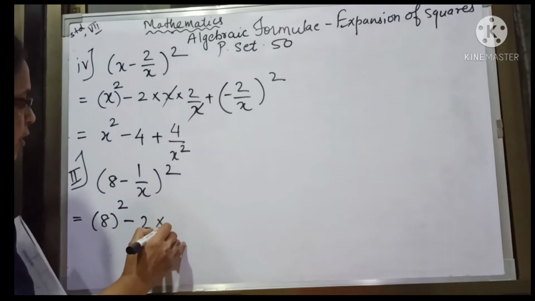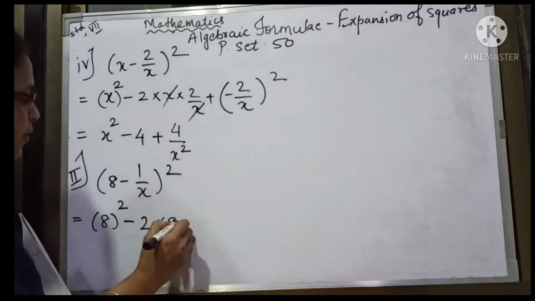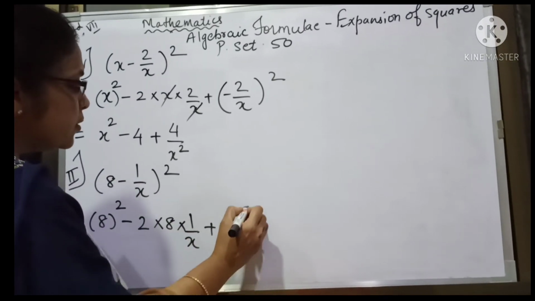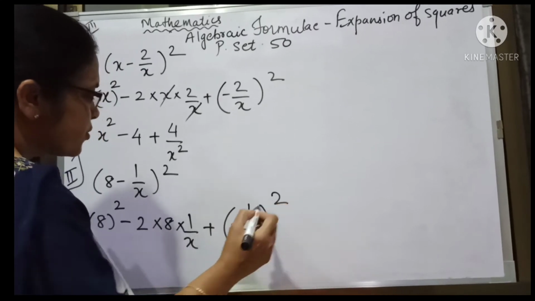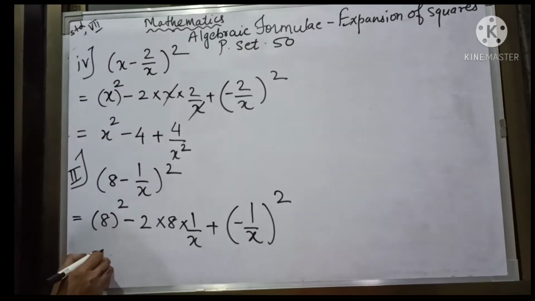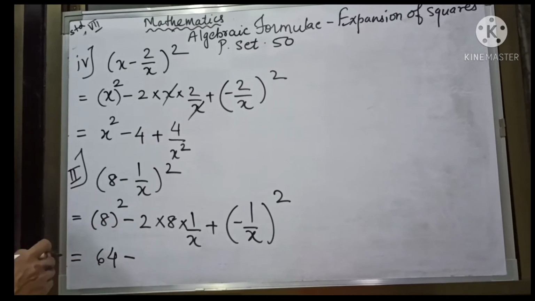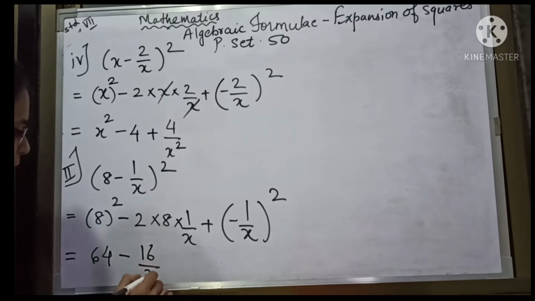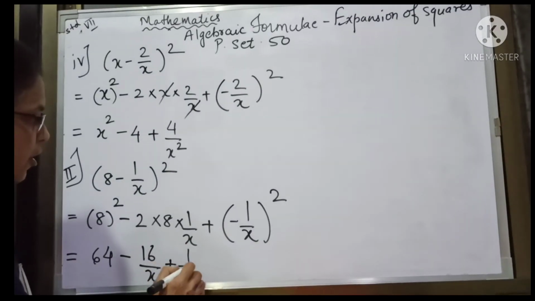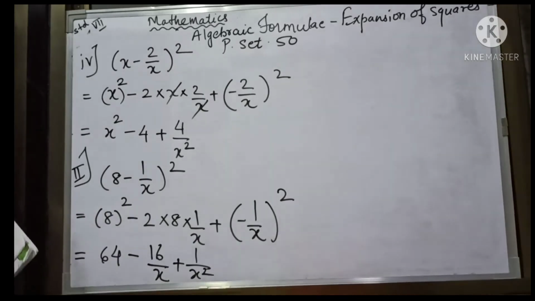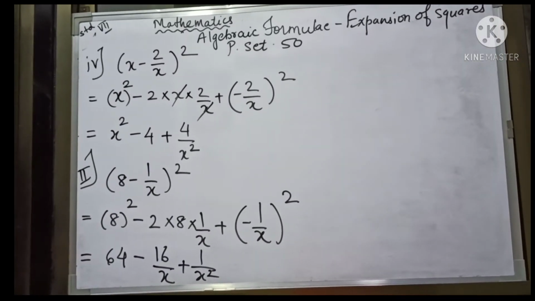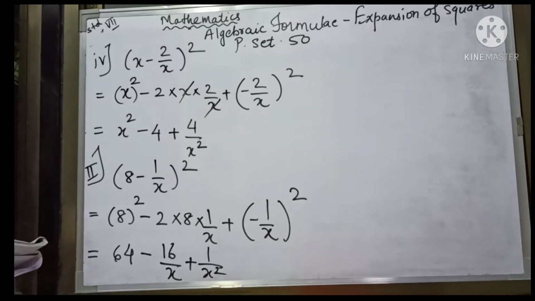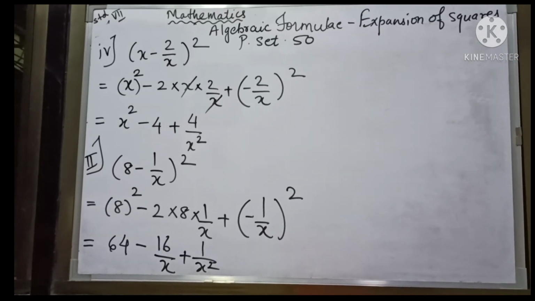So 2 into first term, that is 8, into 1 upon x, plus (minus 1 upon x) whole square. So square of 8 is 64, minus sign, 2 into 8 is 16 upon x, plus 1 upon x square. So which is the option here? You are having the third option. So the third option is the correct answer of this question.